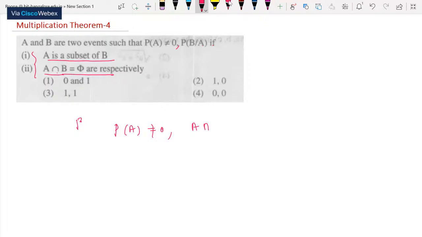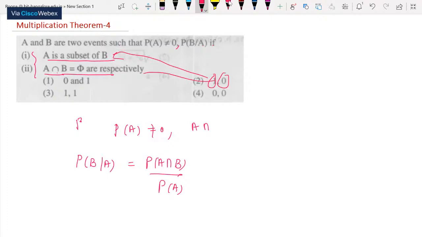The answer is correct because they ask for the probability of B slash A. Just now we discussed the formula: the probability of A intersection B divided by the probability of A. This is the value for the first condition, and this is the value for the second condition. They clearly gave P of A is not equal to 0.